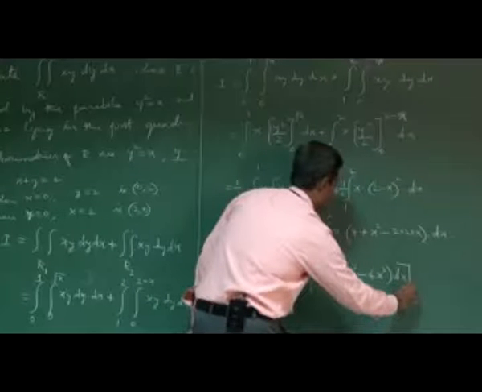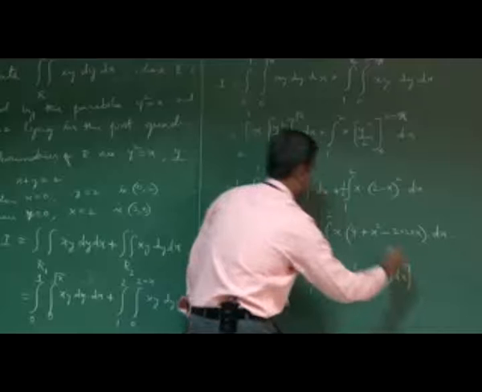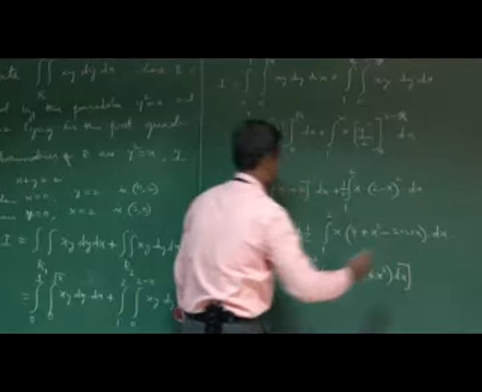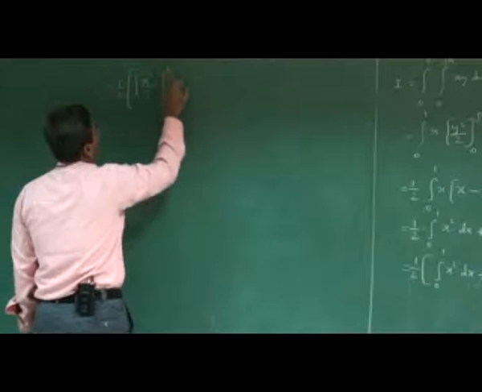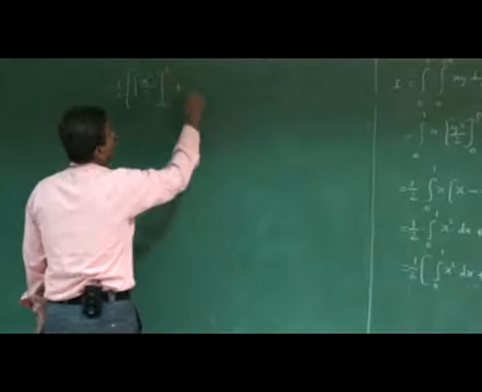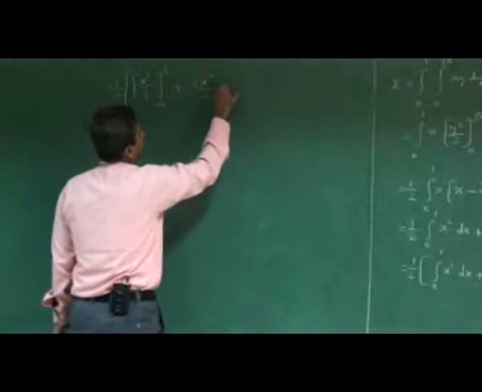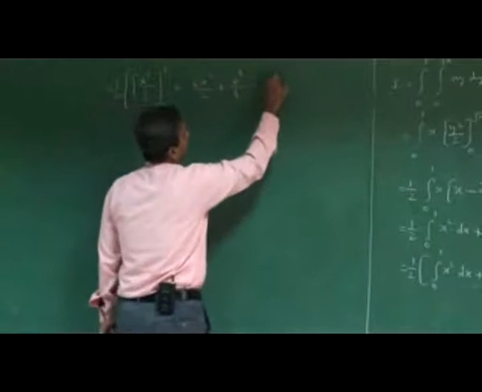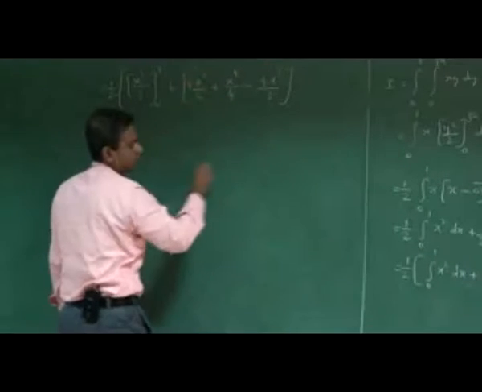That is equal to 1/2 times, now you take the integration: x cubed divided by 3, limit from 0 to 1, plus, the second case, 4x squared divided by 2 plus x to the power 4 divided by 4 minus 4x cubed divided by 3, and then limit from 1 to 2.